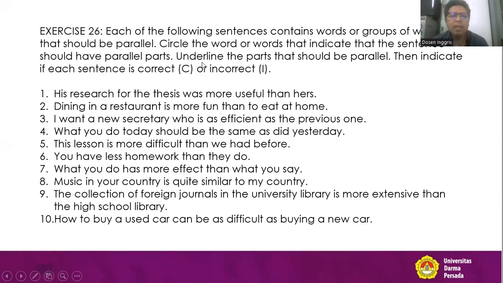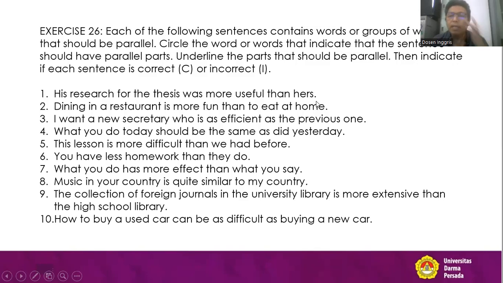And then underline the parts that should be parallel. So we are talking about the two things compared. His research, so you underline his research. If you want to make it complete, you underline his research for the thesis, and then you also underline the word hers. So we are comparing his research and hers.